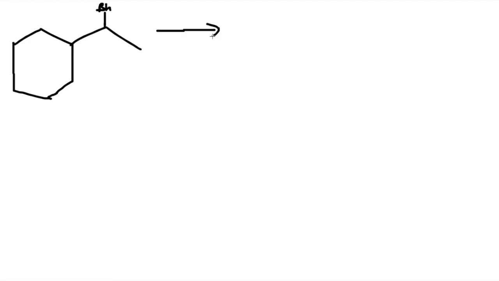Now, let's do another problem. So if we have the structure, and let's say bromine was on here, and this was reacting with H2O, water. So water is a polar protic solvent. This lets me know this is an SN1 reaction, but also this carbon right here is a secondary carbon.